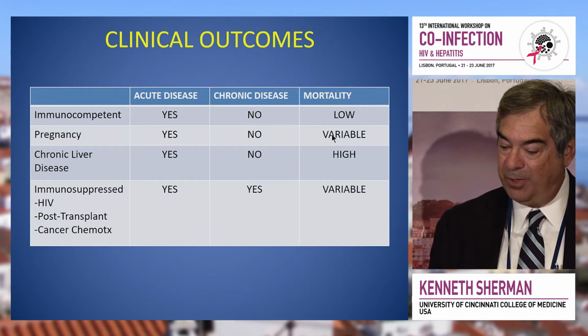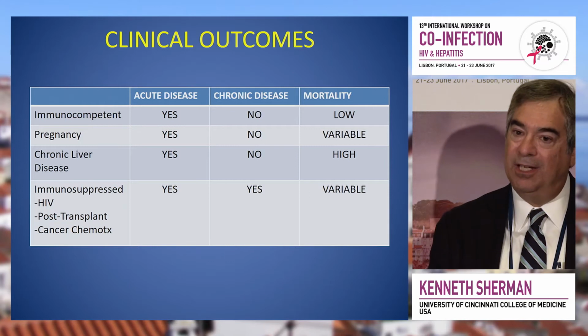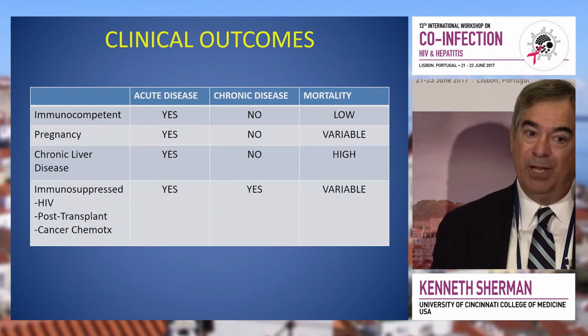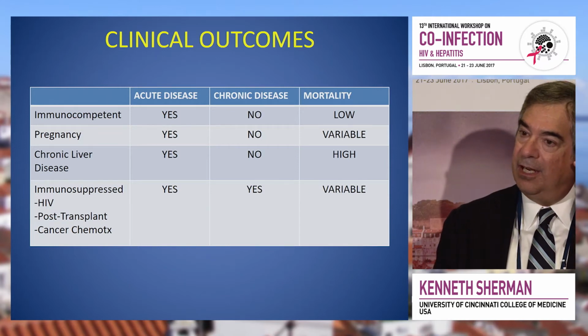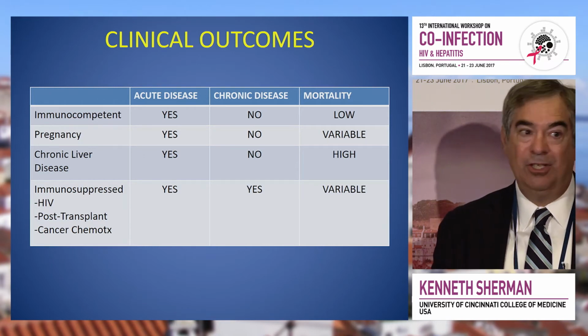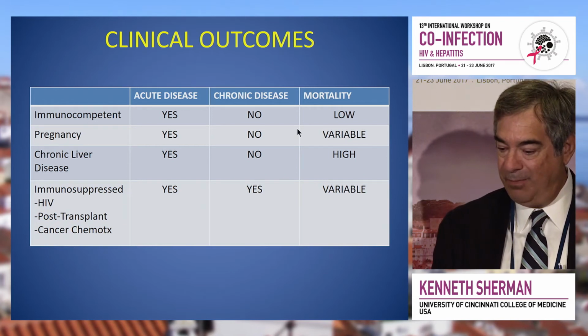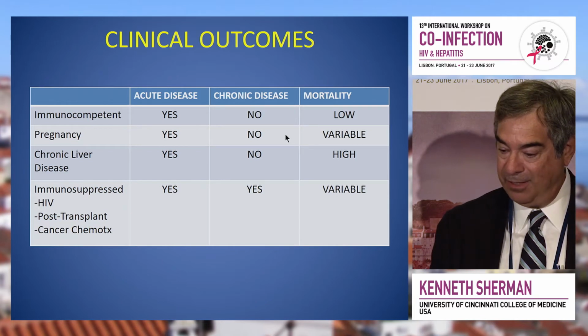Mortality is variable depending on where you're located, and we're not really sure of the reasons. There's some evidence that genetic background may be a factor in that. Early childhood exposure, the local epidemiology of the disease giving some level of protective antibodies, may be a factor. And the genotype may be a factor as well.